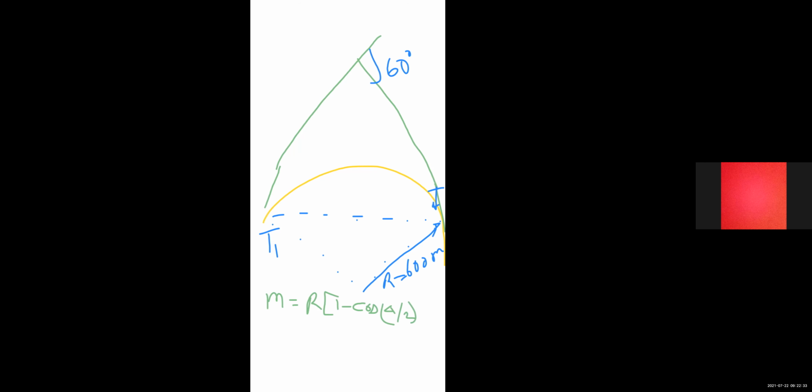Delta is the intersection angle. So R is 600 into 1 minus cos 30 degree. 600 into 0.134, so this is equal to 80.4 meter. 80.4 meter is the length of mid ordinate.